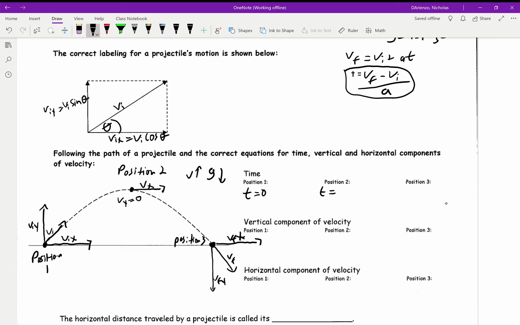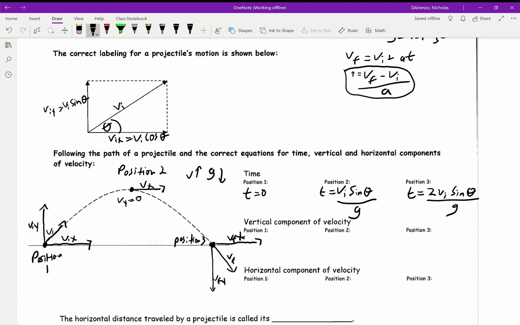So our time can be represented by the initial velocity in our y direction, vi sine theta, divided by the rate of acceleration. This will tell us how much time it's going to take for that velocity to reach 0. And since that motion is mirrored, the time at position 3 is simply twice of what it was at the top of the trajectory. So we take position 2 and we multiply it by 2.